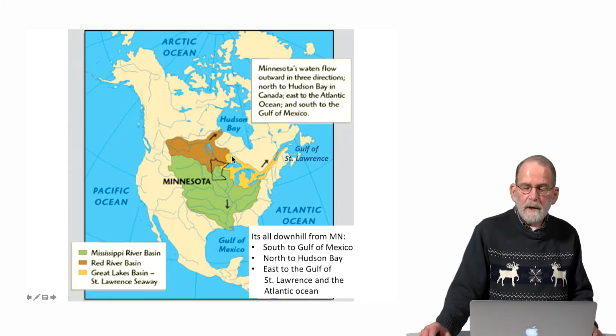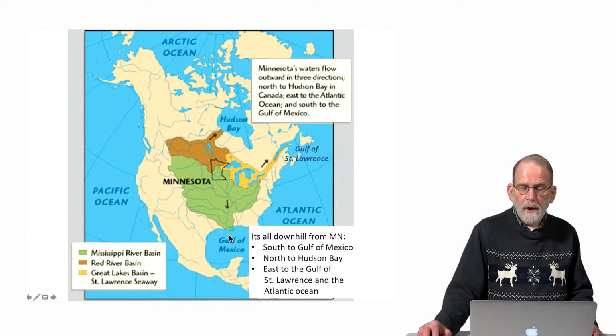We have the St. Lawrence watershed, which is water that's flowing to the east through the Great Lakes and out through the St. Lawrence River to the Gulf of St. Lawrence. And then we have the Mississippi River watershed, which is sending water down into the Mississippi River and eventually draining through the Mississippi River and discharging into the Gulf of Mexico.